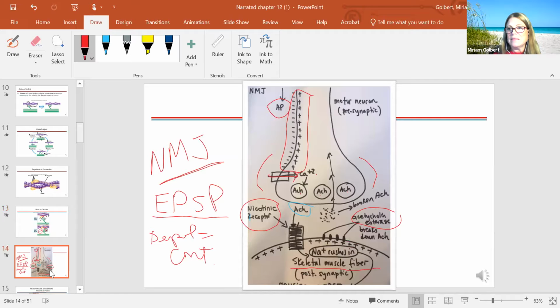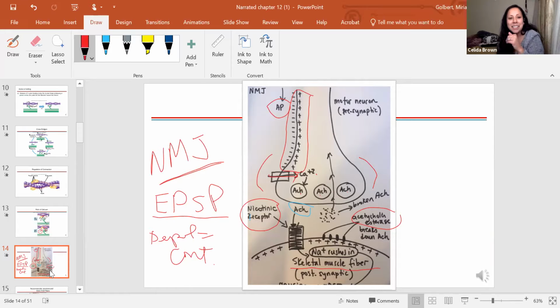So we start like there. Okay, so a motor neuron, an action potential goes down a motor neuron, which then releases acetylcholine, which then attaches to a nicotinic receptor and opens up a calcium channel and sodium channel.